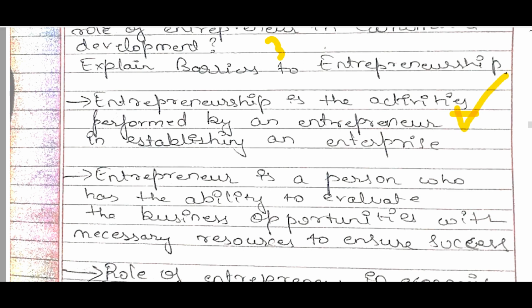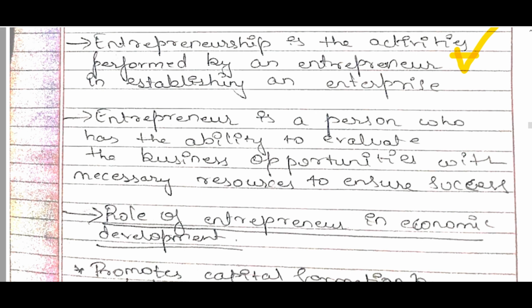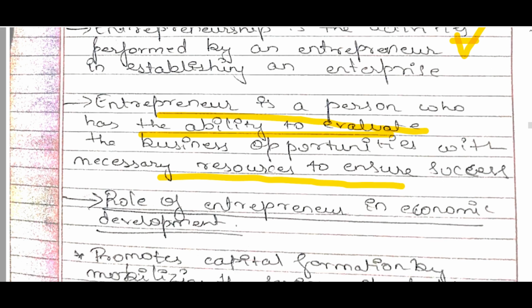An entrepreneur is a person who has the ability to evaluate business opportunities and the necessary resources to ensure success. He grabs the business opportunity with the help of resources and achieves success with it.